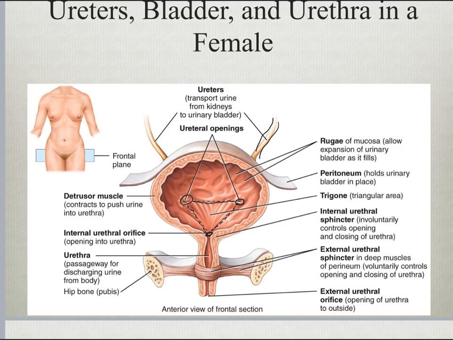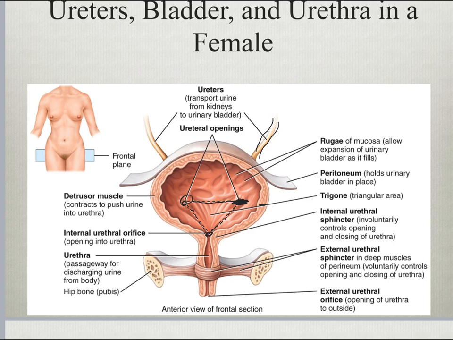Now, these openings are circular here. As this bladder fills, these will get more slit-like. And the reason why they get slit-like is because, remember, there is no valve. They have to close. They close with the expansion of this bladder to prevent urine from backflowing up the ureters.